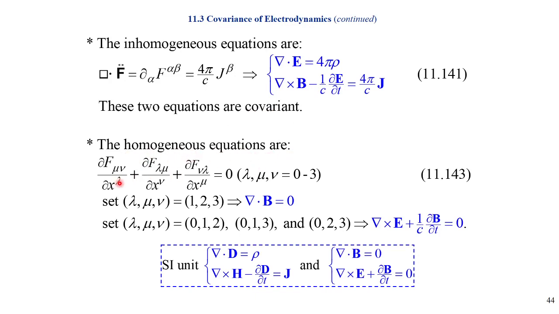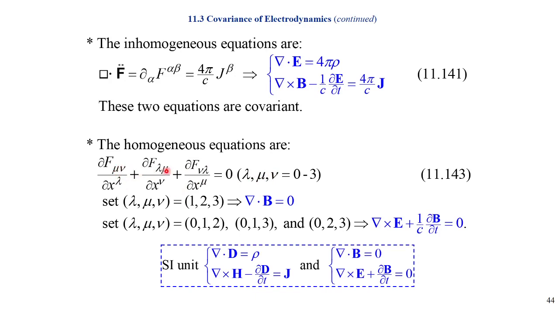How to do that? We can write this one as partial lambda F mu nu. You have two expressions, one superscript and one subscript, and in this case it is subscript, and the cyclic sum over lambda, mu, nu equals 0. We have 3 components, lambda, mu, nu.